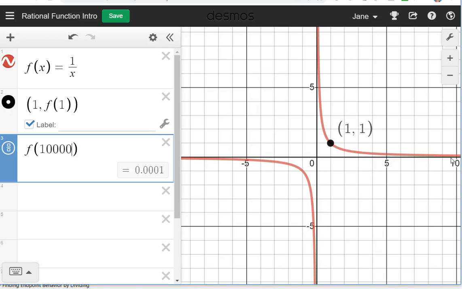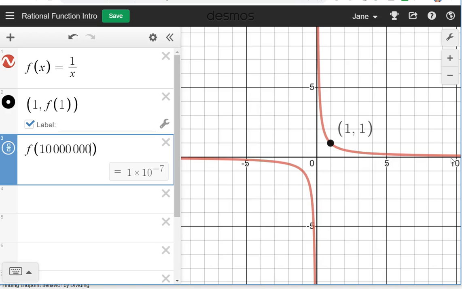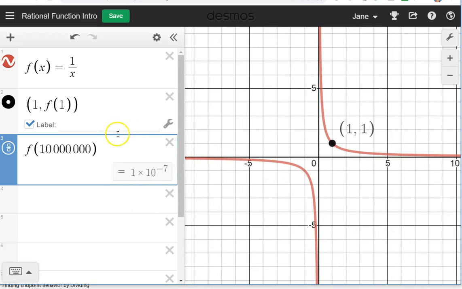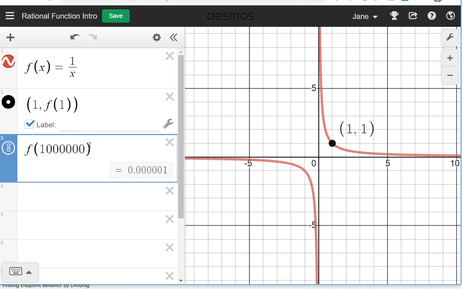If we kept adding zeros here, we can see that y is getting smaller and smaller. It's just going to go to scientific notation. But anyway, as x gets really big, y gets close to 0. So that is another asymptote. We have a horizontal asymptote.